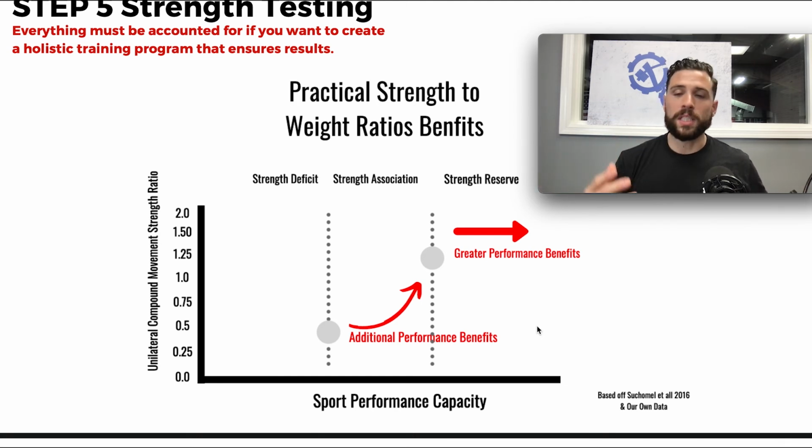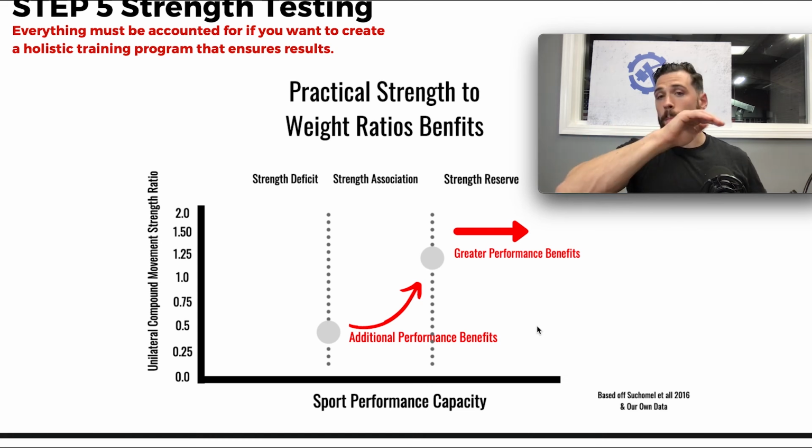However, here is what was interesting over the course of 250 athletes. This was more our advanced athletes, our collegiate and professional athletes. We found for lower body unilateral movement specifically that improving from 1.25 to 1.50 to 2.0, there were no greater performance benefits.